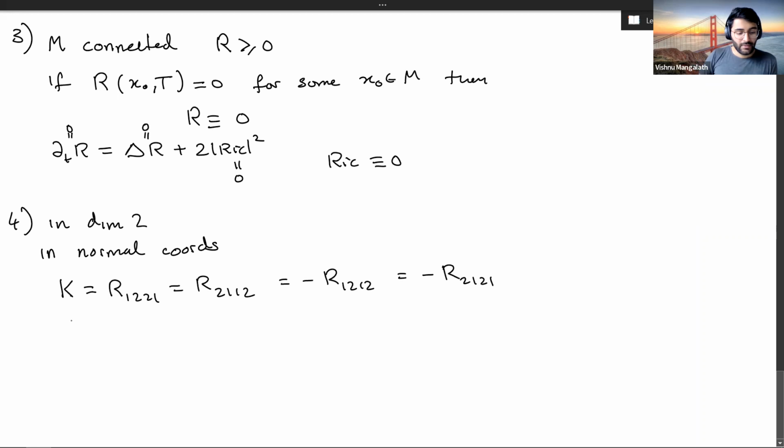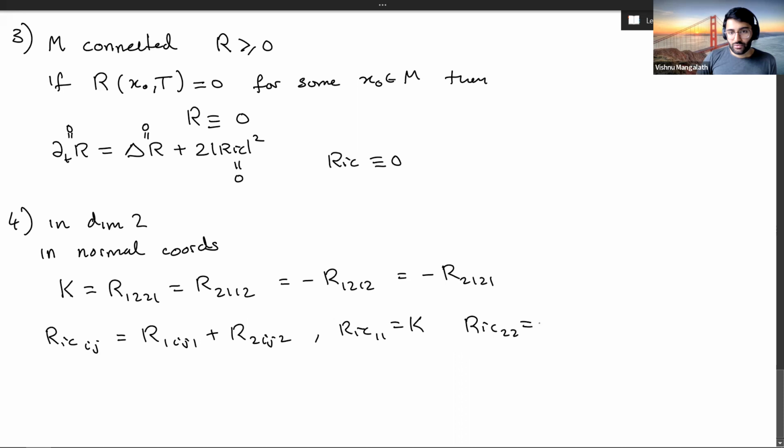And then the Ricci curvature Rij is given by R1ij1 plus R2ij2. And so you get Ric11 equals K, Ric22 equals K, and the other ones are equal to 0.